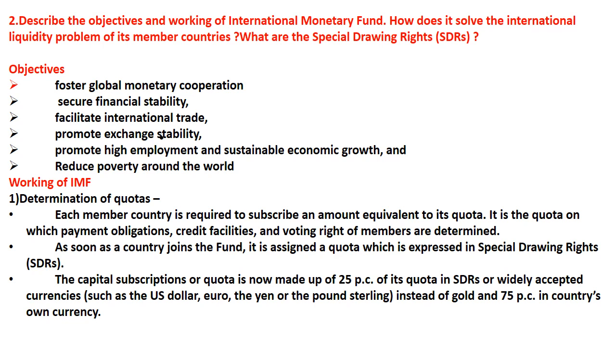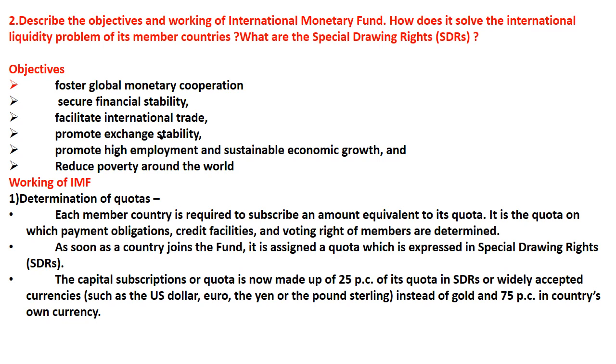Now the working of IMF. So the first one is determination of quotas. Each member country is required to subscribe an amount equivalent to its quota, and it's the quota on which payment obligations, credit facilities, and voting rights of the members are determined. When a country joins the fund, it is assigned a quota that is expressed in special drawing rights, that is SDR.